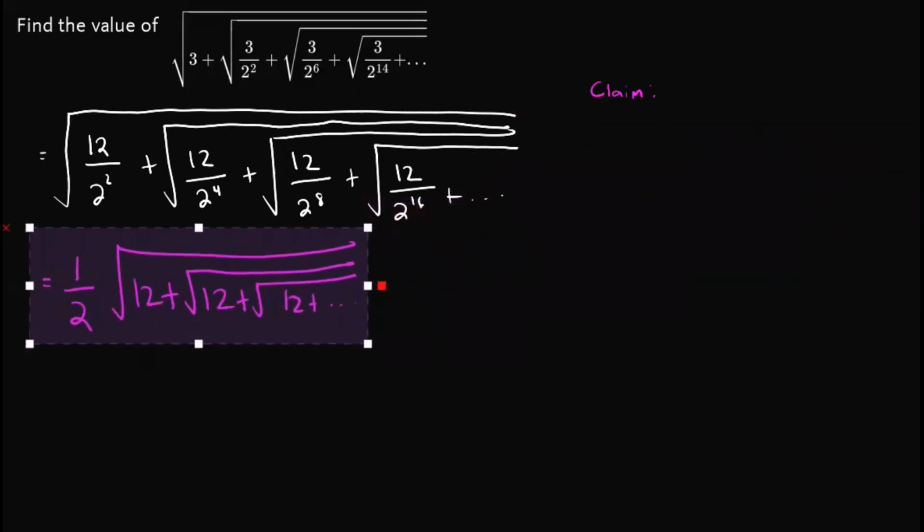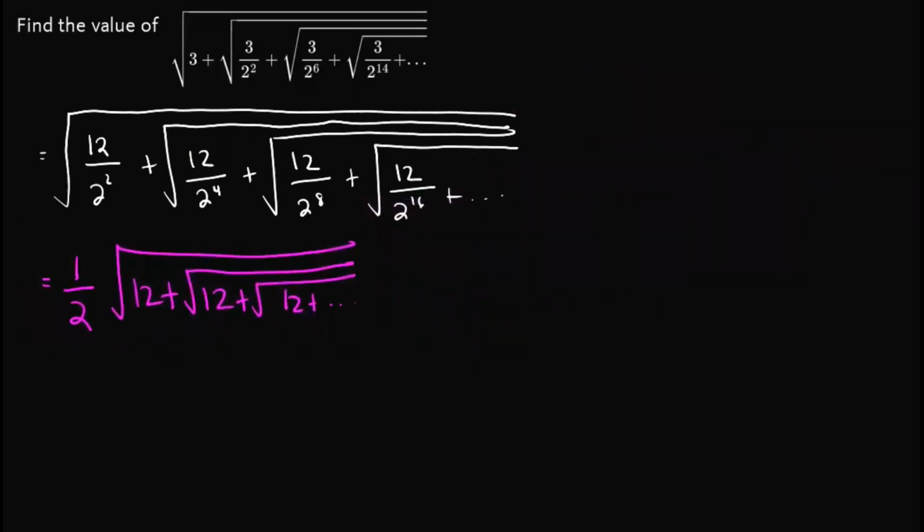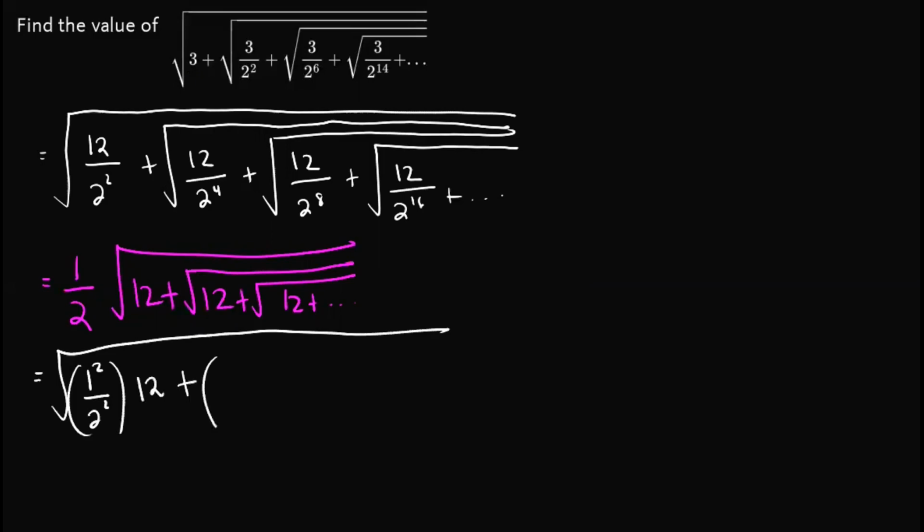So from our claim, note that when we distribute this 1/2 inside the radical expression out here, or the radical sign, we will have the square root of, first over here, 1 squared over 2 squared times 12 plus 1 squared over 2 squared times square root of 12 plus square root of 12, and so on.